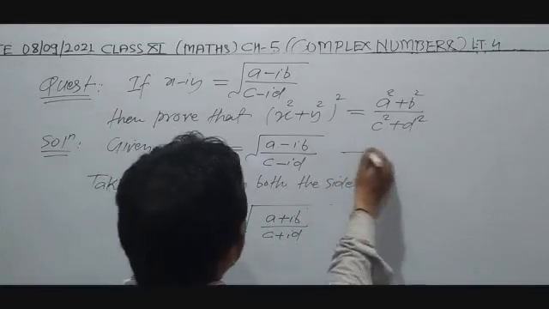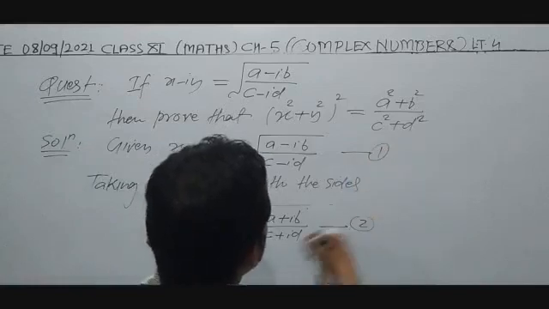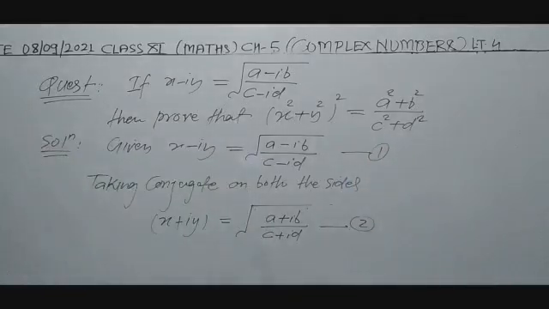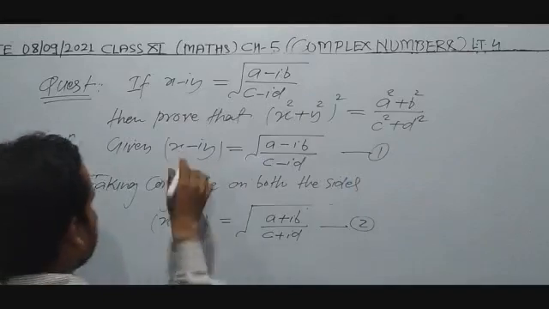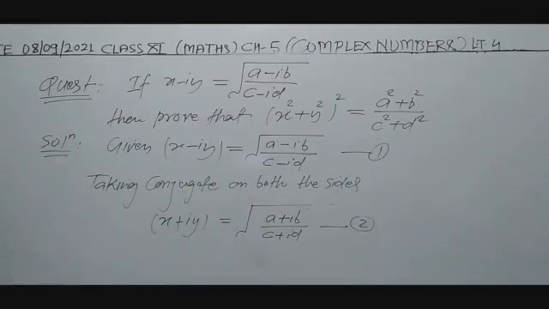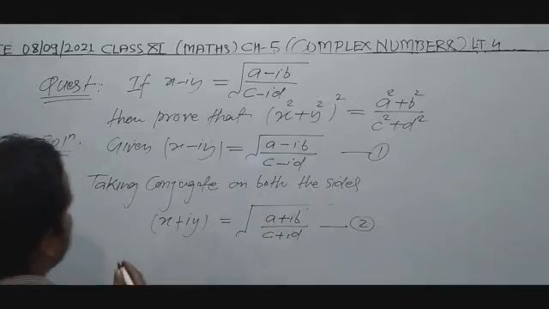Now consider equation 1 and equation 2. Then suppose you multiply equation 1 and equation 2.